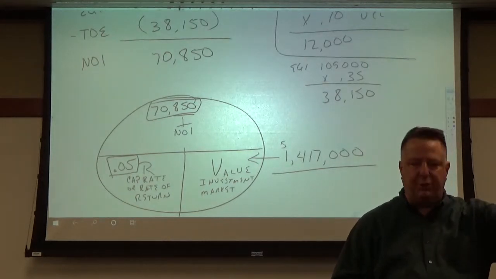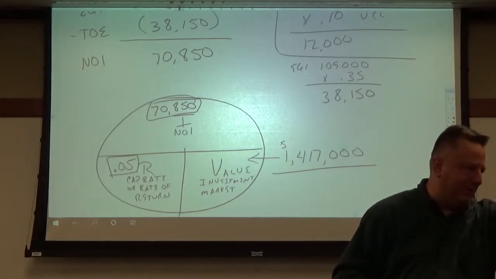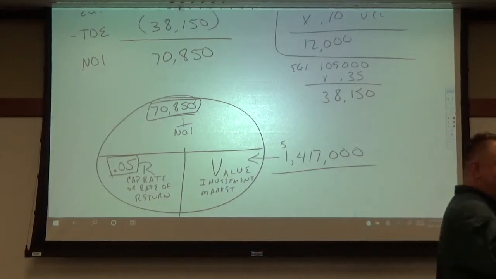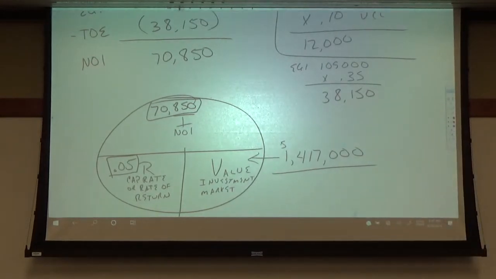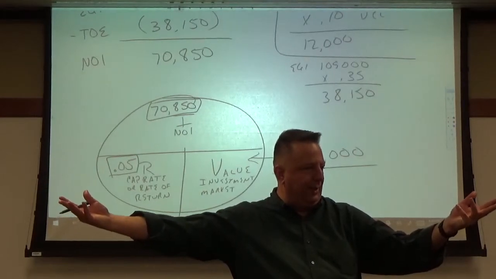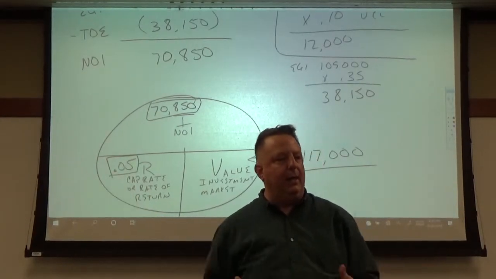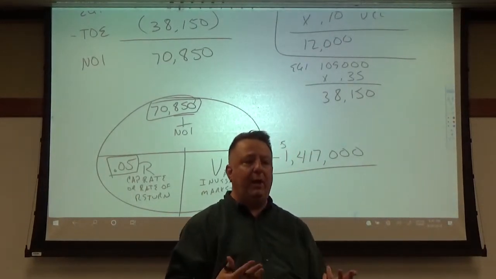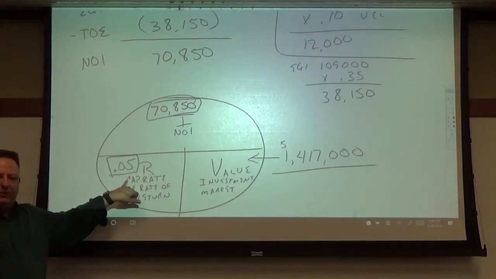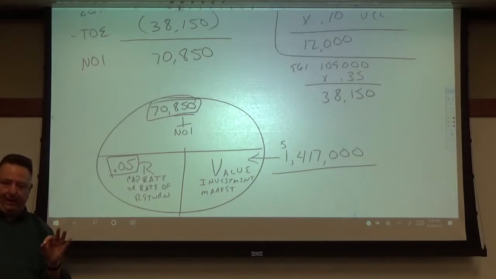Geographical location. Geological might mean underground, elevation, but geographical would be the correct response. You have one in a bad area of town, one in a good area of town. For the one in a good area of town, you might be willing to accept a 5% rate of return.